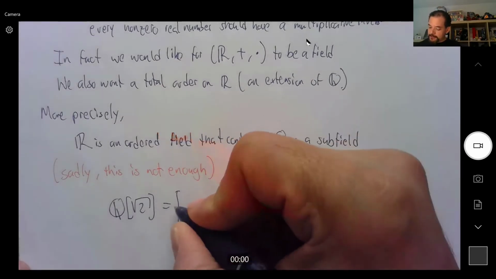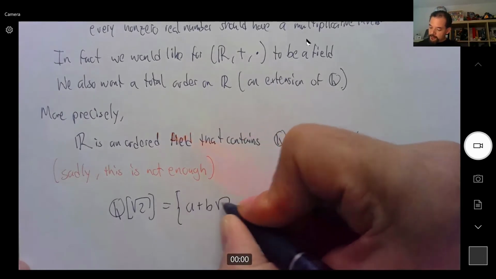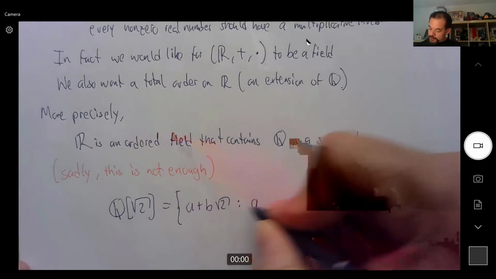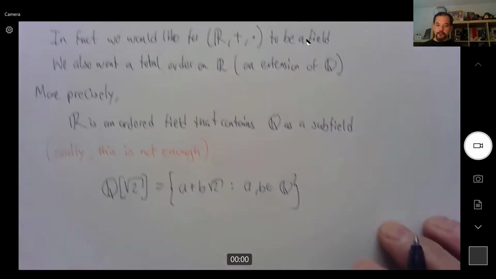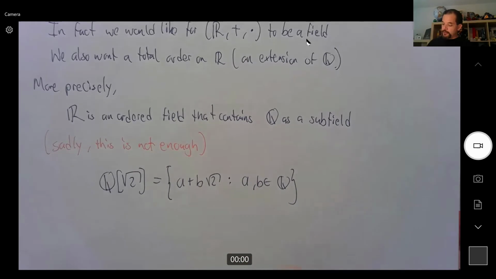These are very specific sets of numbers. They look like this: a plus b root 2, where a and b are rationals, right? So for example, in particular, you have all the rationals in here because you can make b 0. If you make b 0, then they belong in here.